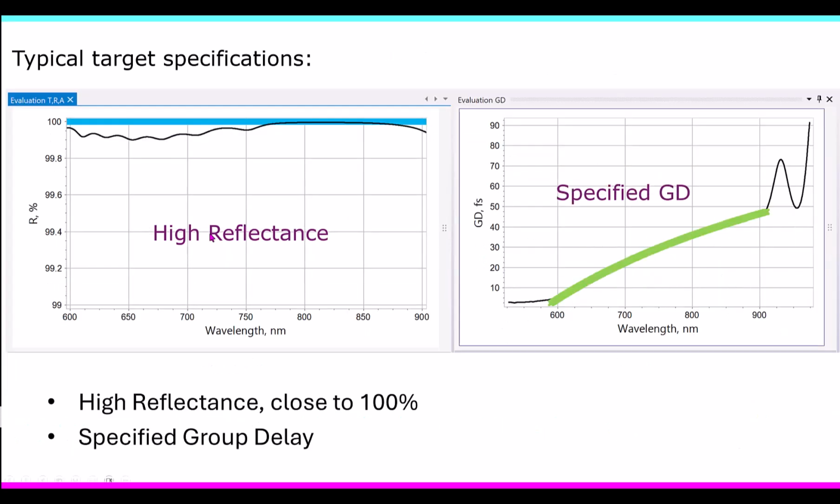Another possibility is to specify high reflectance in broadband range and a specified group delay. For group delay, it's important to know the target form, and not the absolute position.